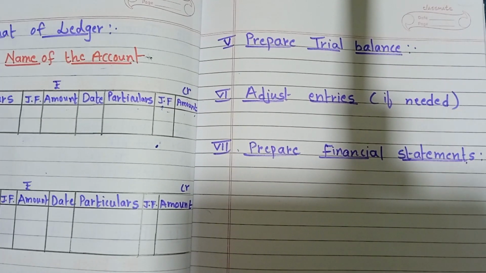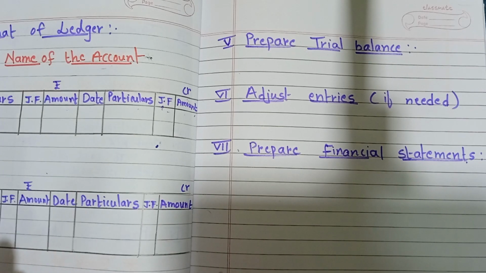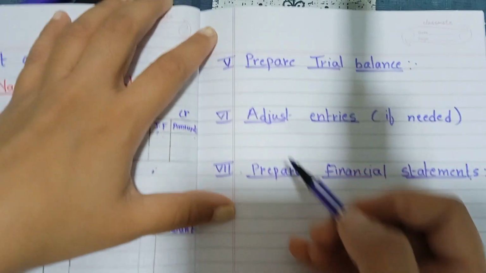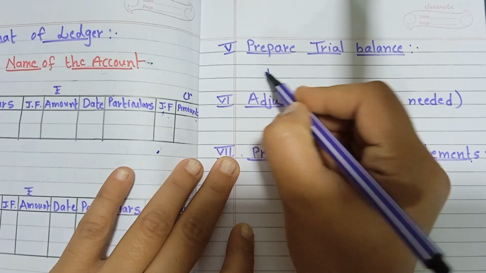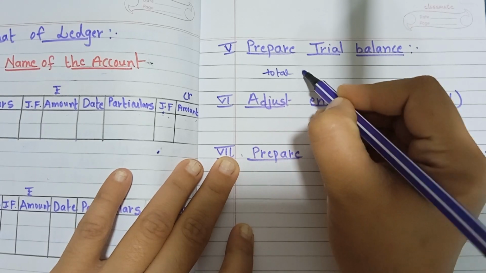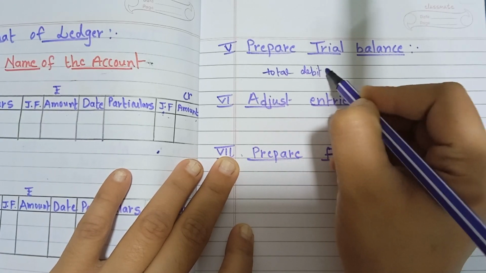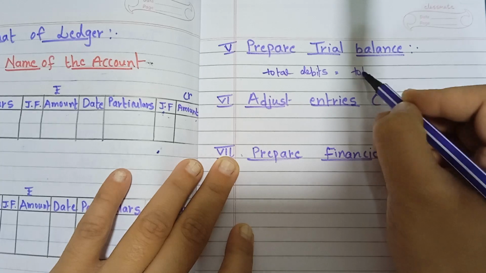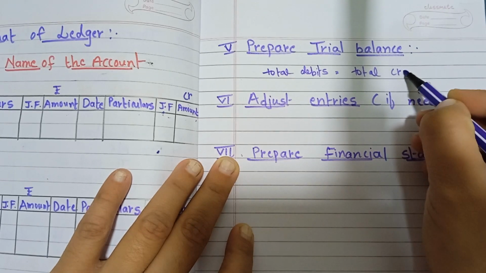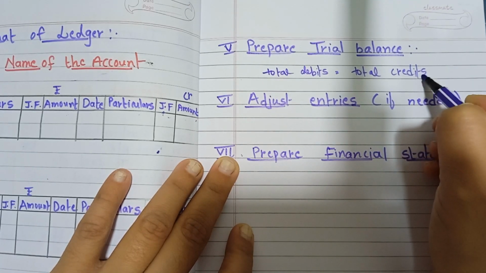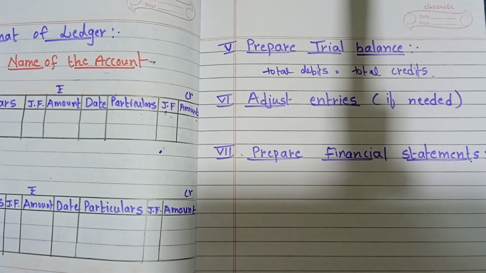After posting from journal to ledger, we need to prepare the trial balance. It ensures that total debits equal total credits.